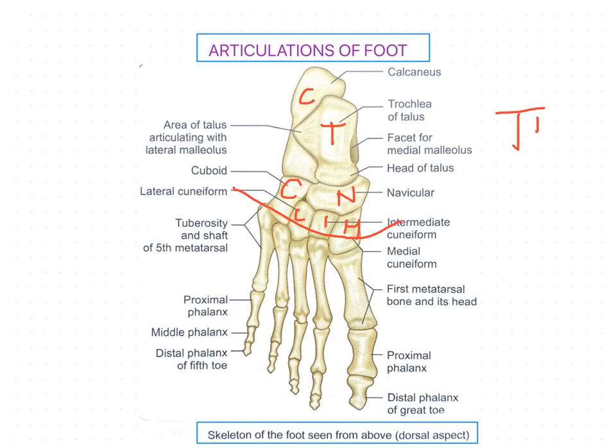All these 7 form the tarsus. Here, the talus articulates with the tibia and fibula.